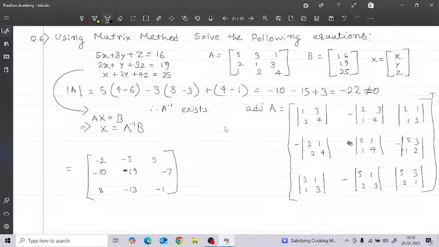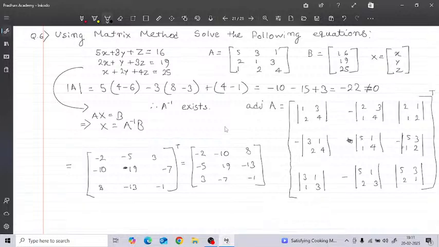Then after taking the transpose you get minus 2, minus 5, 3, minus 10, 19, minus 7, 8, minus 13 and minus 1. Okay, so that is my adjoint of A.